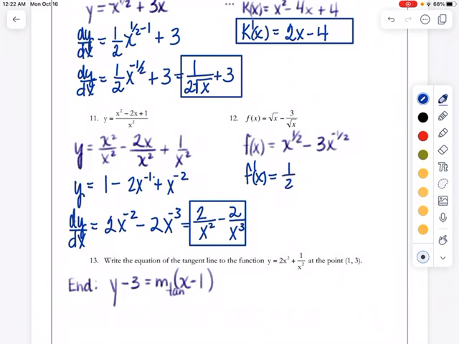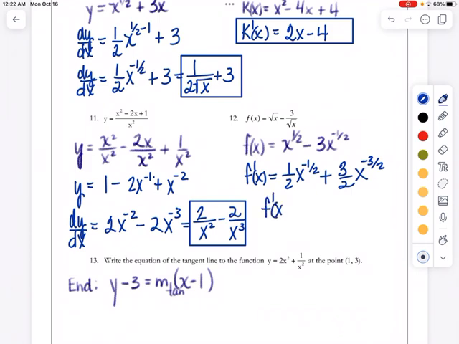we have f prime of x is equal to 1/2 times x to the negative 1/2 power minus, then I'm going to have this plus 3/2 x to the negative 3/2 power. So remember, you're subtracting 1 from these exponents. So negative 1/2 minus 1 is going to be negative 3/2.